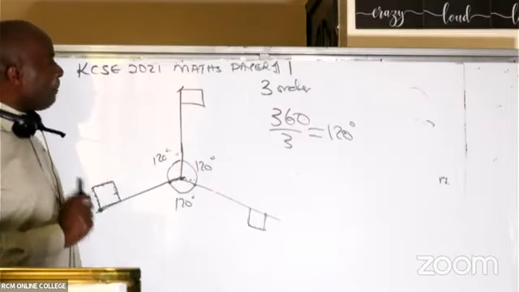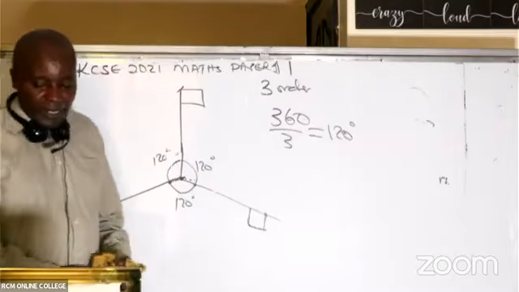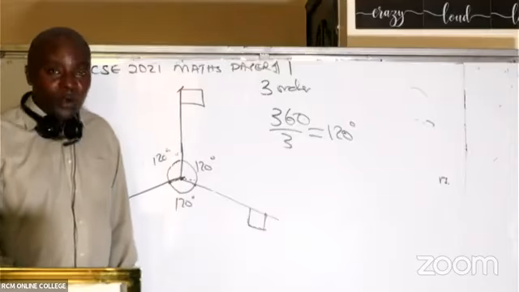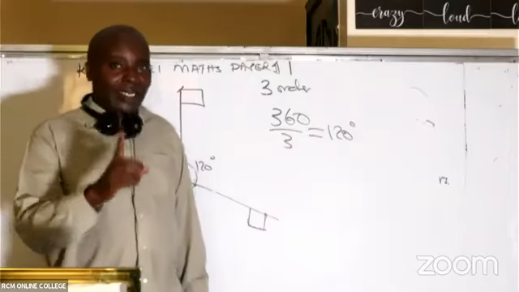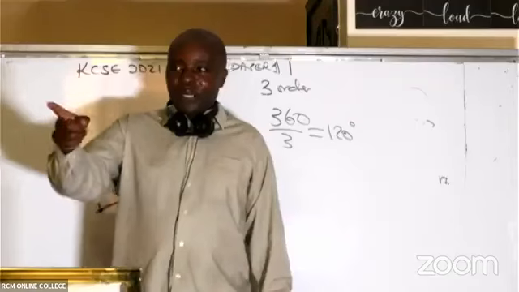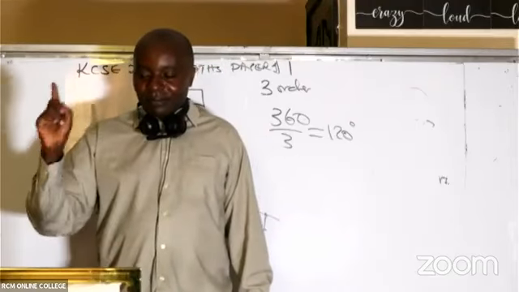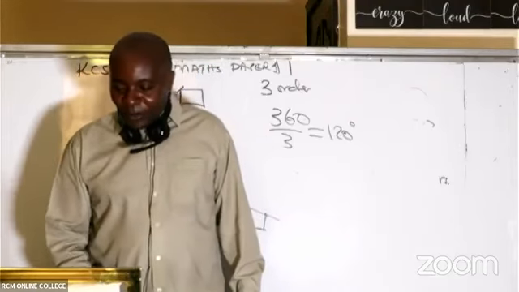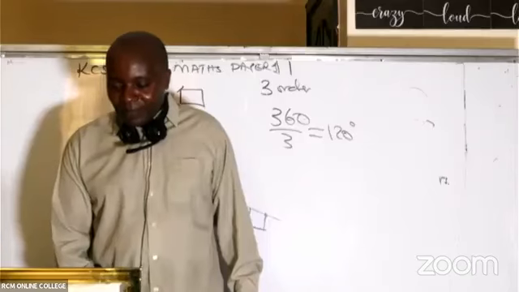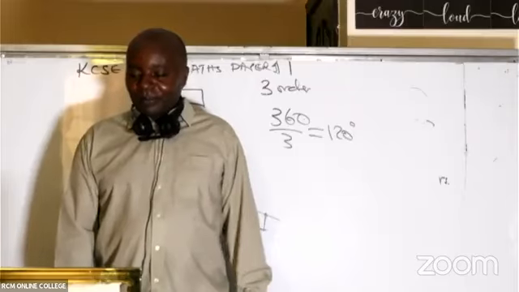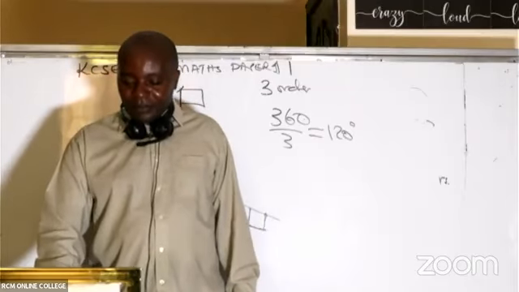So if, for example, please listen here. First of all, do you have a protractor and a ruler in front of you? Please have them. It's good as students are asking questions.